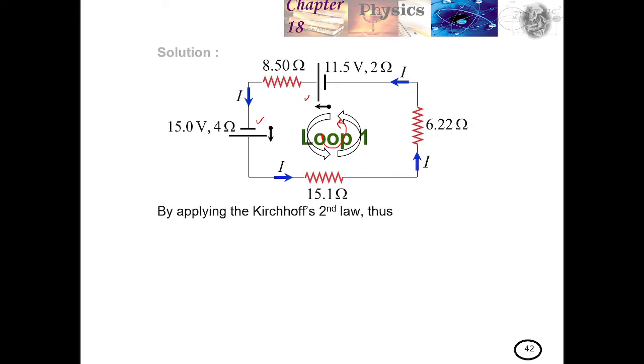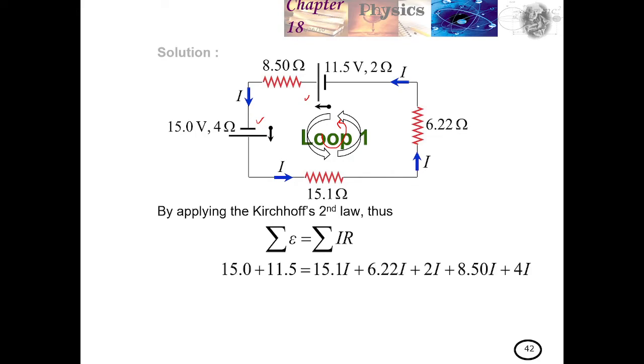By applying Kirchhoff's second law, the summation of E equals the total IR. So 15 plus 11.5, because both of them are in the same direction, equals IR, where R is the resistance and I is the current.